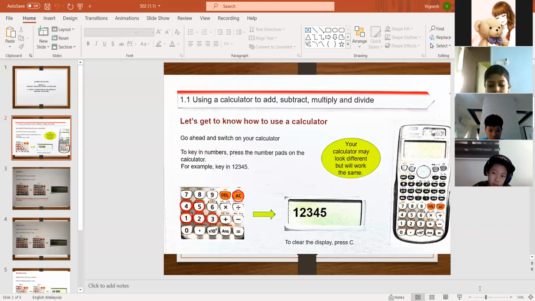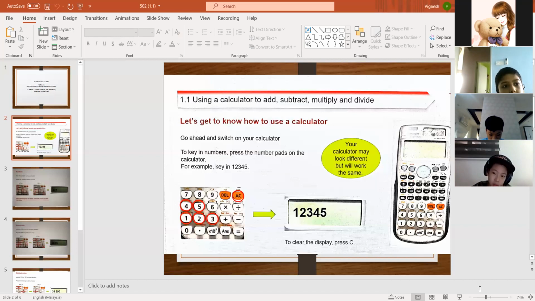You know, this calculator, I bought for myself 15 years ago. And I'm still using it because I'm just changing the battery only. When the battery is gone, I just change the battery.